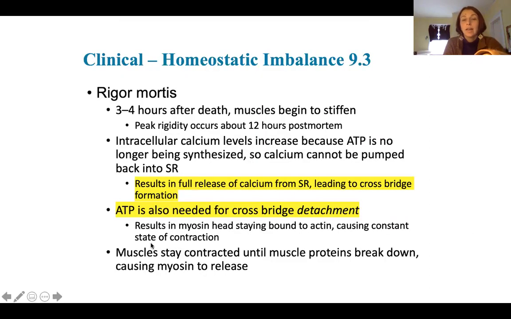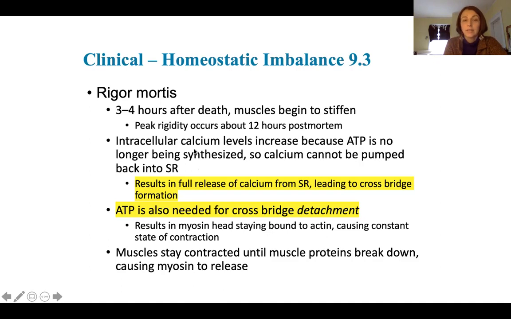If that doesn't happen, which is the case when someone dies, then it stays bound in that space. So you get a rigid contraction of the muscles, and it occurs about 12 hours after death.